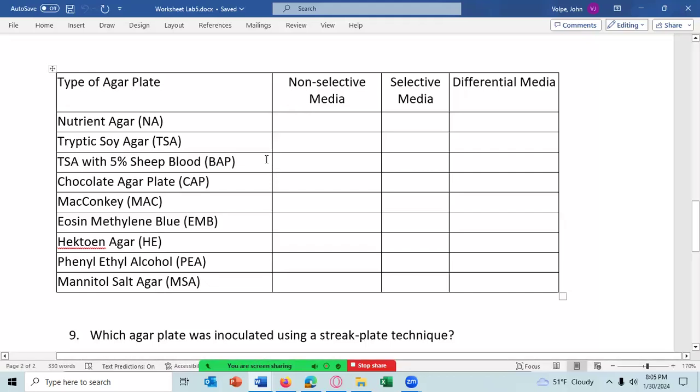And then with BAP, the blood agar, mark if you think it's selective and differential. With chocolate agar, do the same. Mark where you think it belongs. And then do the same for all of these. You can find the information to fill in this table in the lab module. All of them are mentioned.